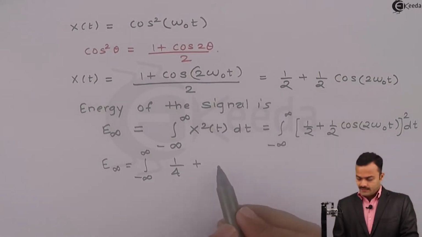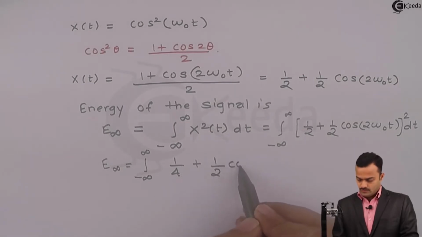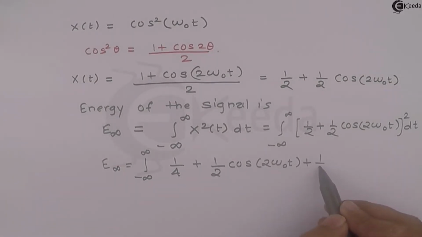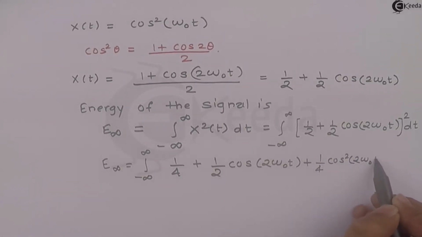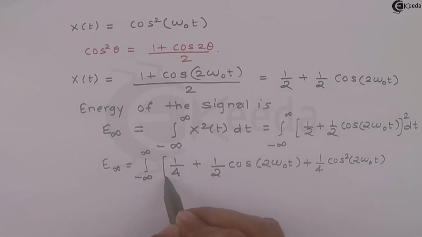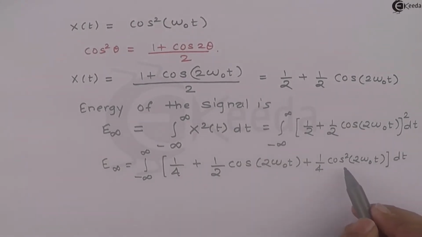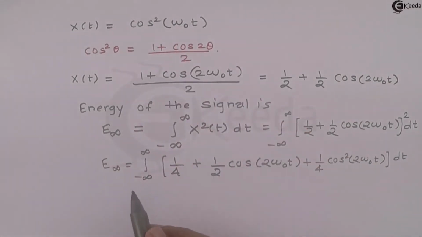So in the end, it will be 1 by 2 cos 2 omega 0 t plus b square, which is 1 by 4 cos square 2 omega 0 t, dt. The cos square theta formula here also I can apply to reduce second degree to first degree, the way we have done in the first step.